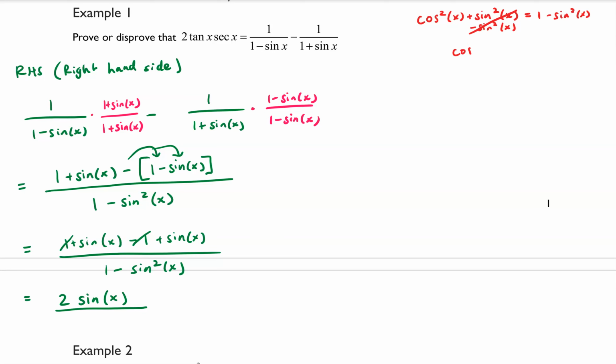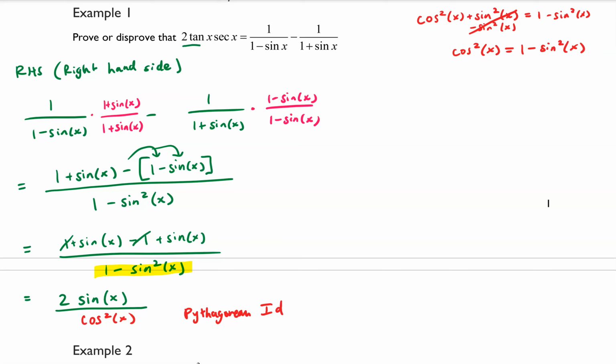We end up finding that cosine squared x is equal to 1 minus sine squared x. So I can substitute this thing for cosine squared x. And this was based off the Pythagorean identity. I'm just going to put ID for identity.